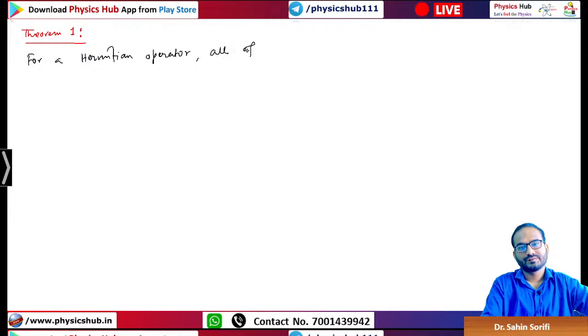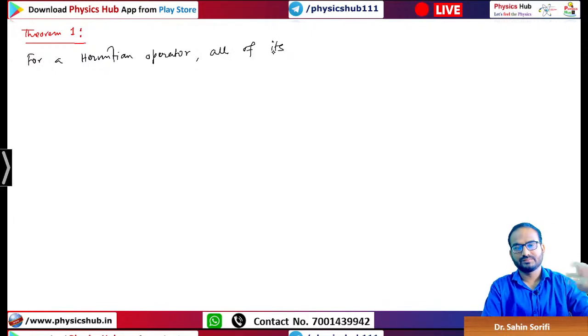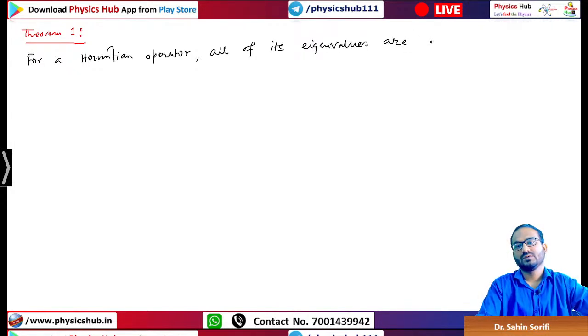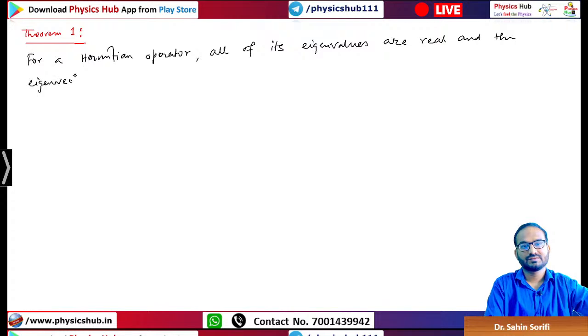These are like the characteristics of eigenvalue and eigenvector put in the form of theorems. So for a Hermitian operator, all of its eigenvalues, you already know about this, are what? Real. And what about the eigenvectors?